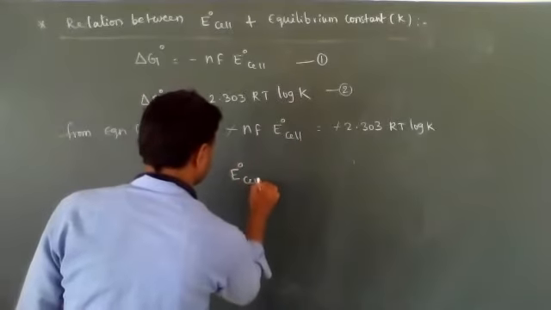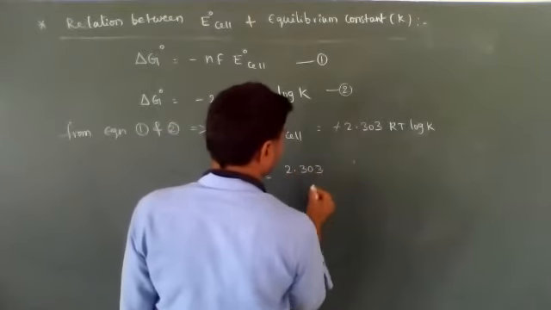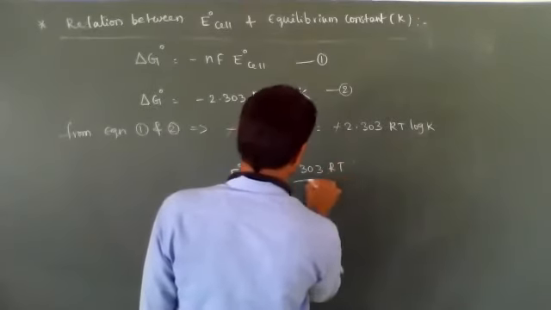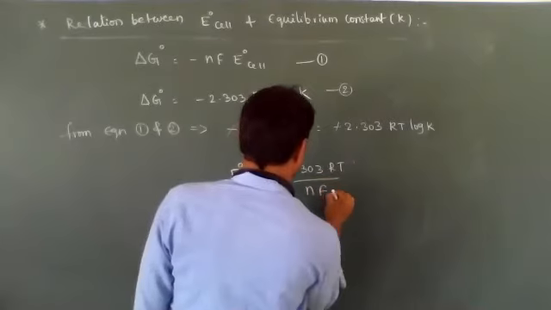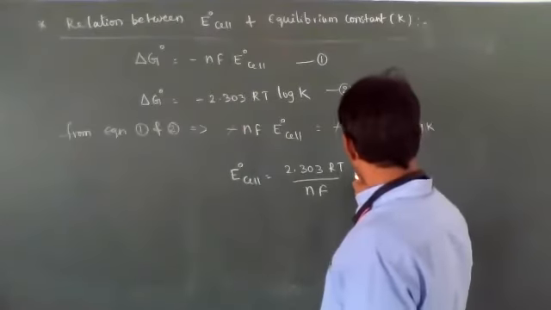Then E0 cell is equal to 2.303 RT by nF into log K.